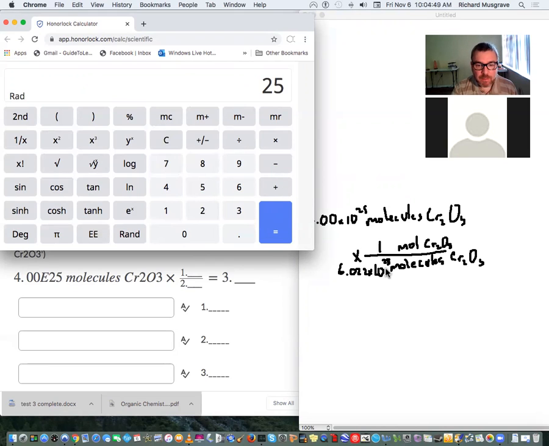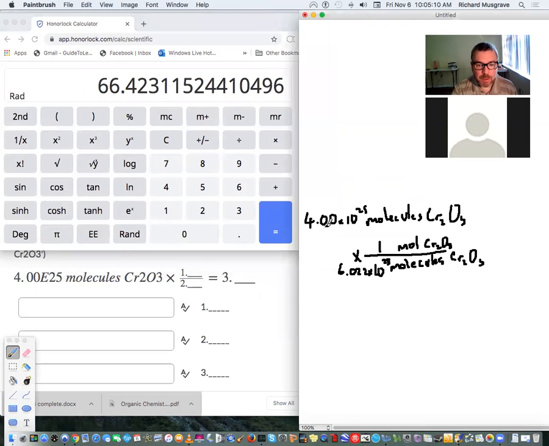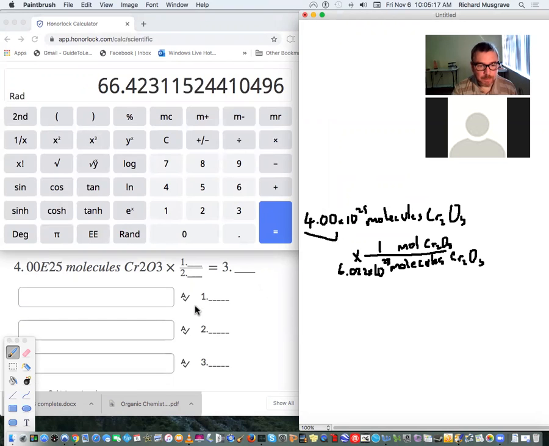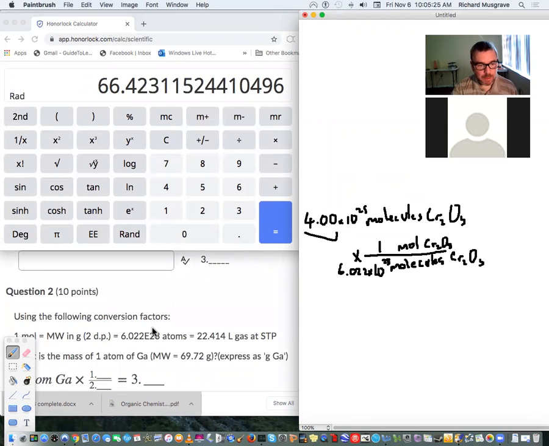And on the bottom is the 6.022 times 10 to the 23, so I'm going to go divided by 6.022 EE 23, and then hit equals. And there you go, that would be the answer. It would be to 3 significant figures because 4.00 has 3 significant figures. So the answer would be 66.4 moles of Cr2O3. Then of course you would fill in the blanks accordingly. Any questions so far? No questions.